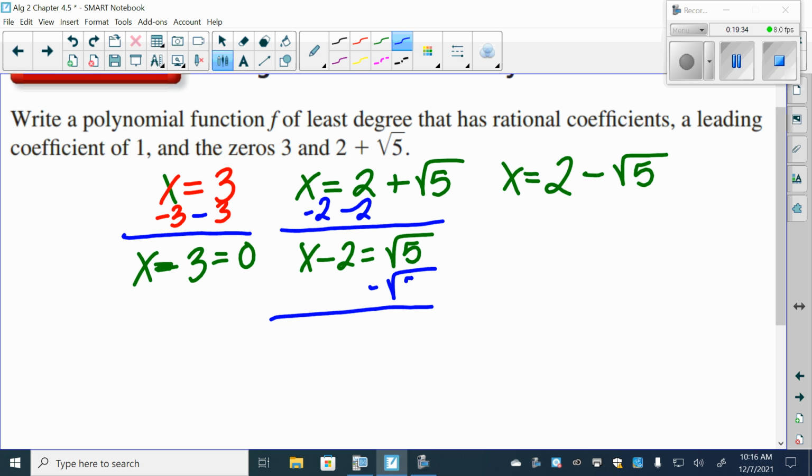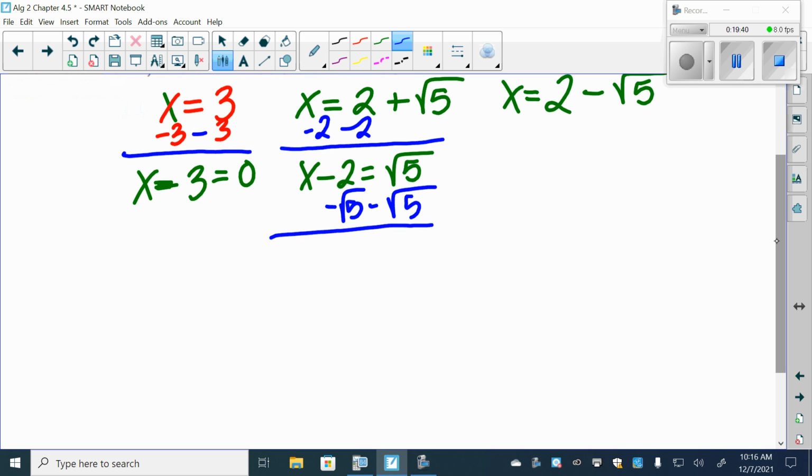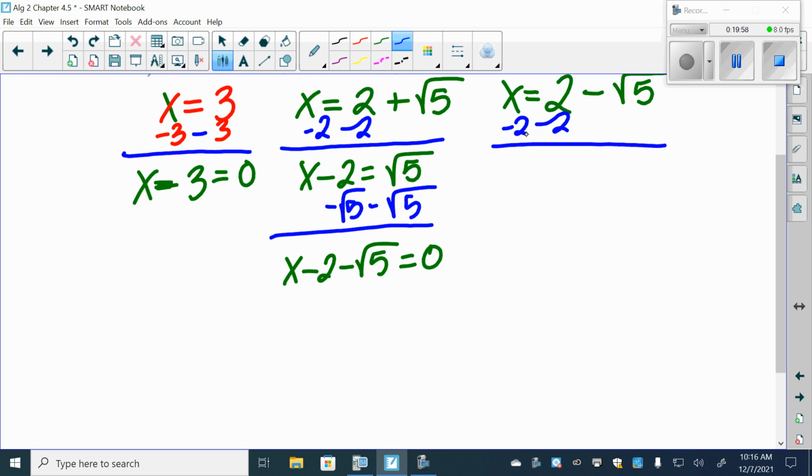So now we have to subtract the square root of 5 from both sides, which tells me that I have x minus 2 minus square root of 5 is equal to 0. We have to do the same thing with the last one.